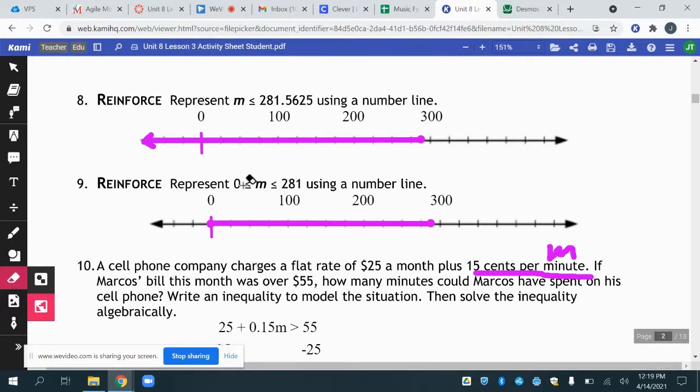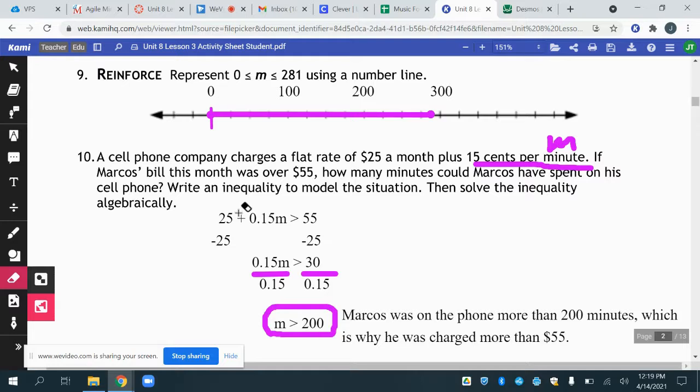M is literally between 0 and 281. It's greater than 0. All the numbers bigger than 0 and less than 281. So I mark all of the numbers that are bigger than 0 and less than 281, and bada bing, bada boom, there we are. Notice I filled in the dots because it's equal to them as well. And we'll have more practice with that, I bet.